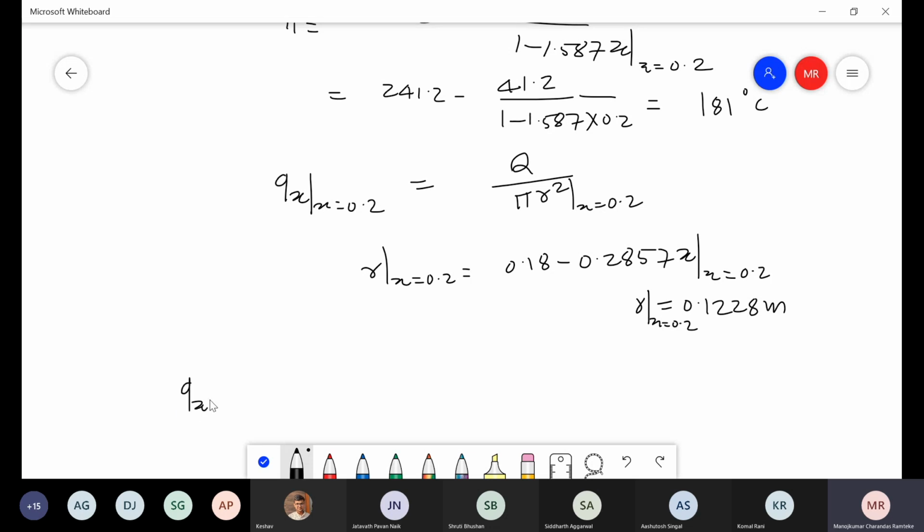So qx at x equals to 0.2, we can directly write 33.3 divided by pi, so that becomes 3.14 into 0.1228 square.